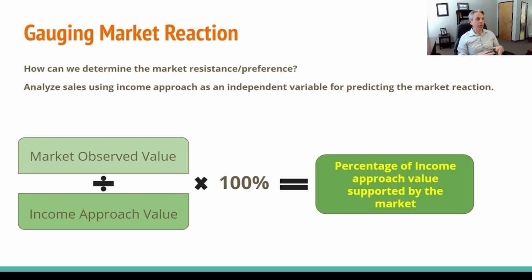That would be just taking a market observed value. You've got a sale with solar and you've done an analysis and made an observation as to what the contributory value of the solar was from that observation. Well, then you divide that by what the income approach value would have been from that observation. So what were the specs of the system in that sale? And if you multiply that by 100, that gives you the percentage of the income approach value that is supported in the market.